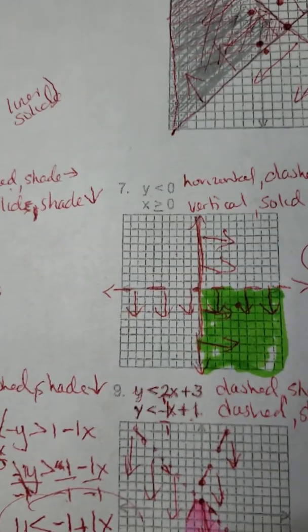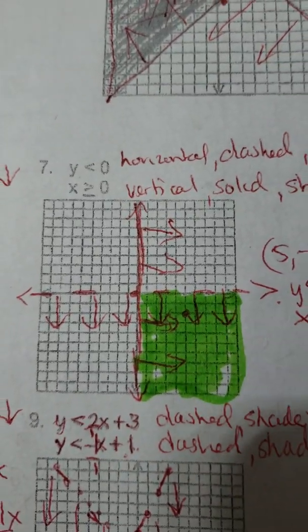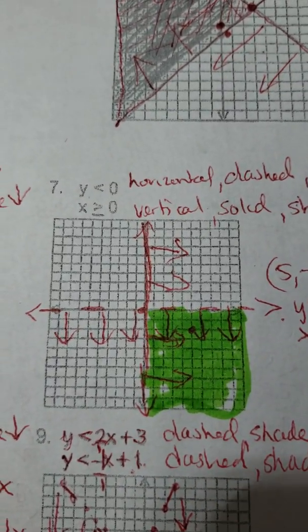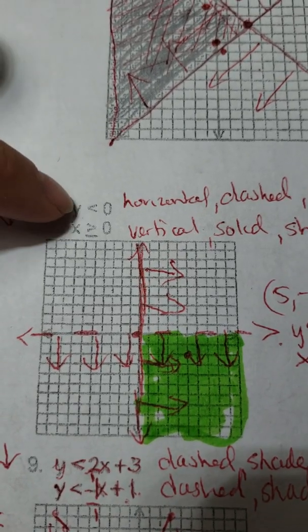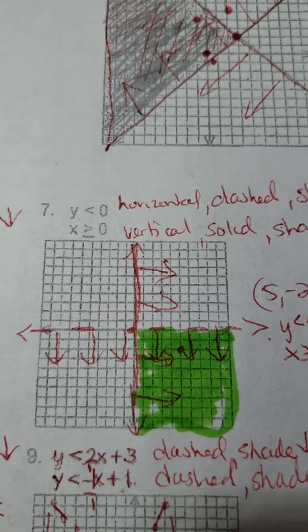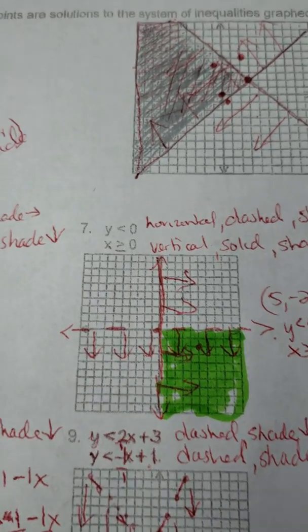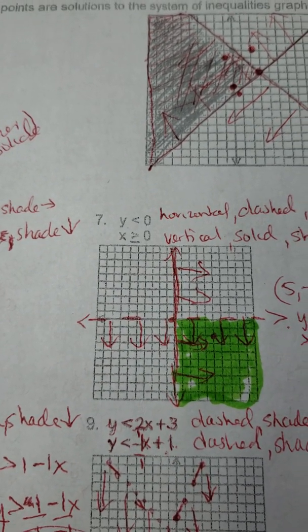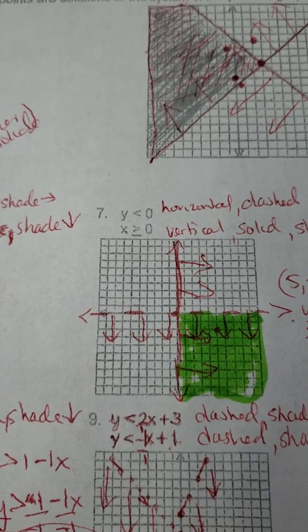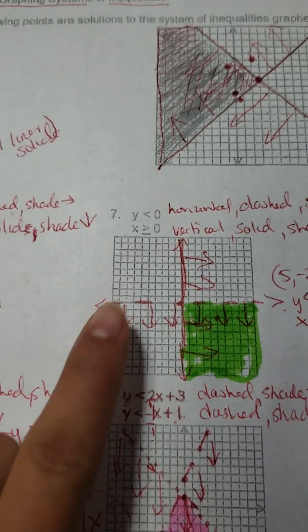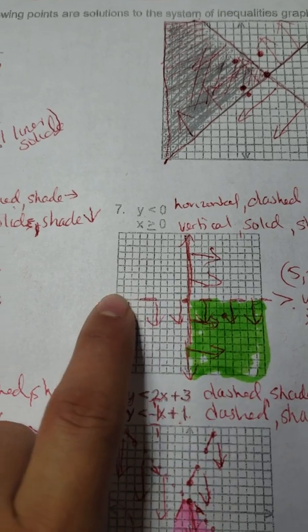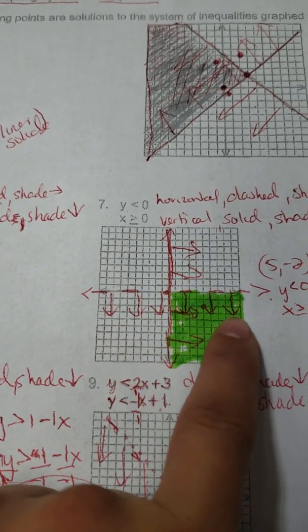Second problem, very similar, horizontal and vertical, where it crosses the y-axis at 0 and the x-axis at 0. So both are at the origin, but the horizontal line is going to be a dashed line because it's less than, and it's going to be shading below because it is less than. So dashed line, horizontal line, pointing arrows going down.